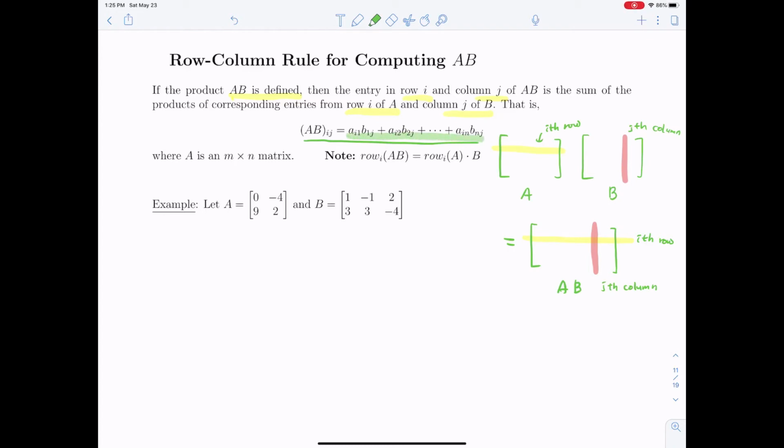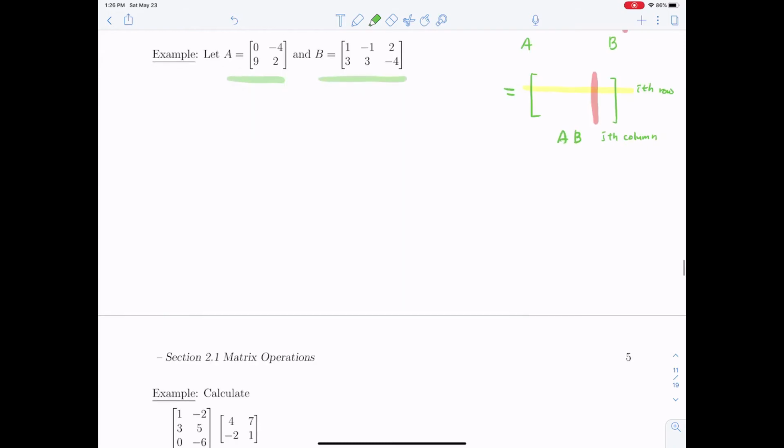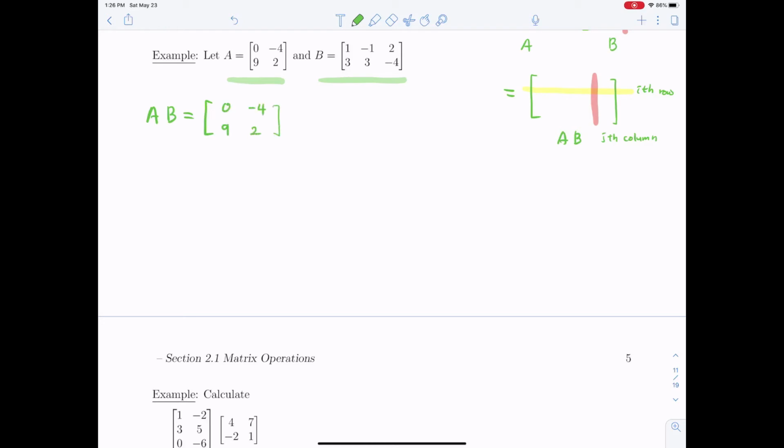So let's practice the calculation using the following example. Suppose that A is given by this matrix and B is that one. Then we can calculate AB, which equals 0, -4, 9, 2 times 1, -1, 2, 3, 3, and -4. Here A is a 2 by 2 matrix and B is a 2 by 3 matrix.